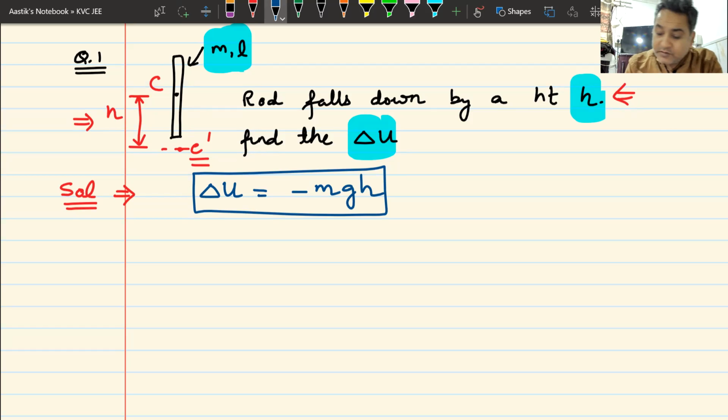Why does this rod fall? We can explain it in different ways. Can you tell me any one way of explaining it? No one knows why this rod is falling.